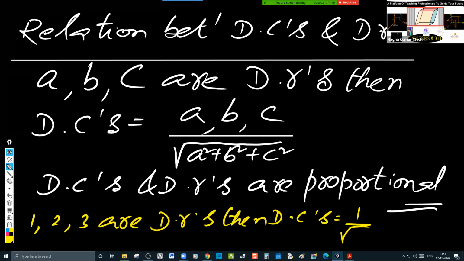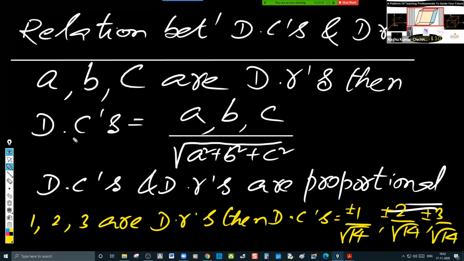So 1 plus 4 plus 9, 14, root 14. 1 by root 14, 2 by root 14, 3 by root 14. And you can even add plus or minus also for this. One is in the upward direction, other one is in the downward direction. This is how you can convert DCs and DRs.